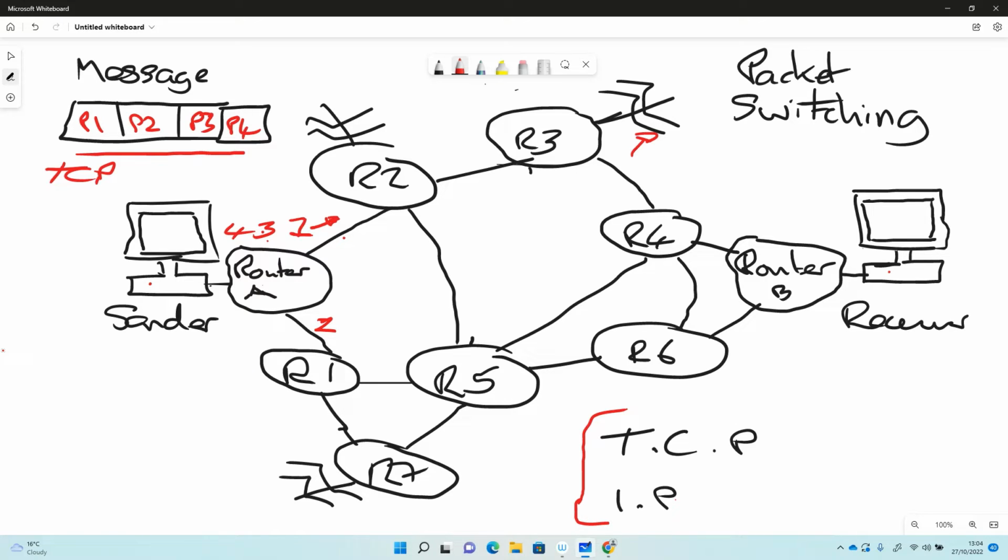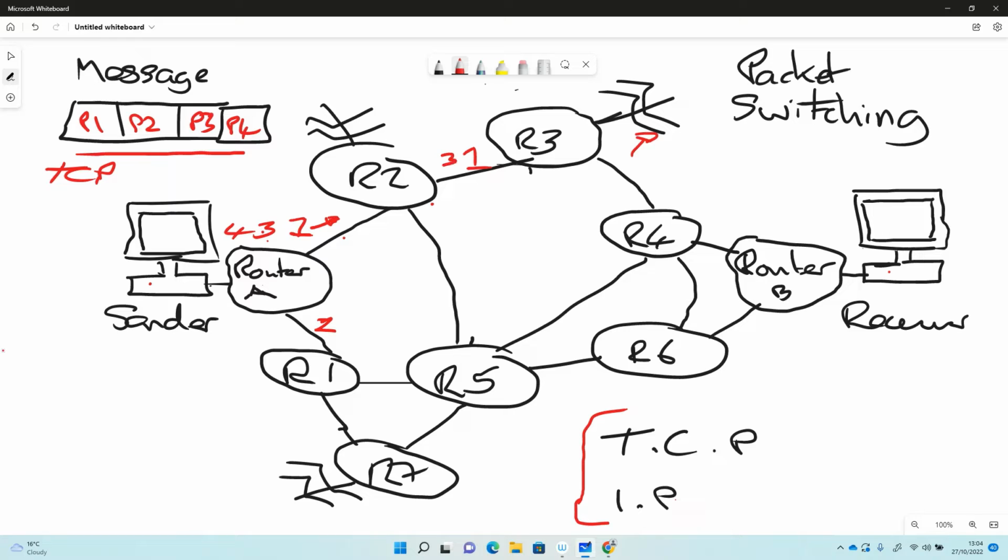Router 2 here, again, we're using IP here, and we're going to say we know where R3 is, we know where R5 is, we know where router A is, but the message came from router A, so it's not going to send it back to router A. It knows it has to go somewhere else. So packet 1 is going to send on here to router 3.